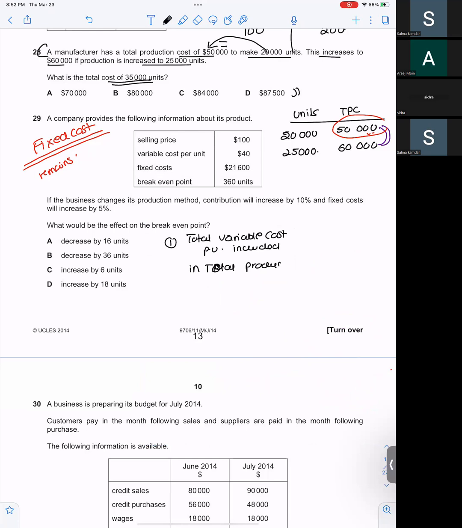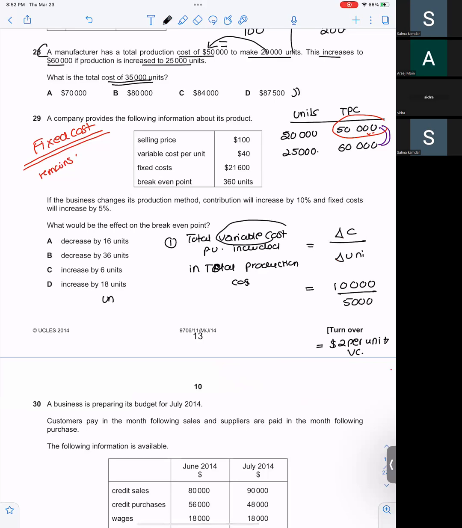How do you find that? Change in cost upon change in units. What is the change in cost? 10,000, and the change in units is 5,000. So it would be $2 per unit. This is the variable cost.